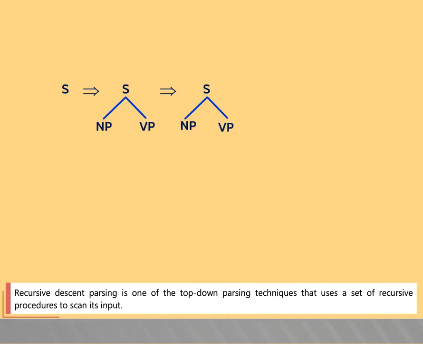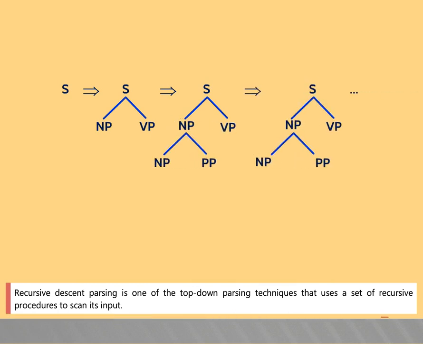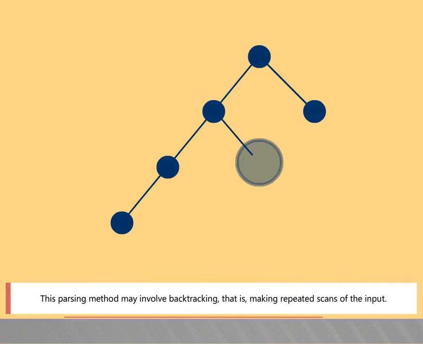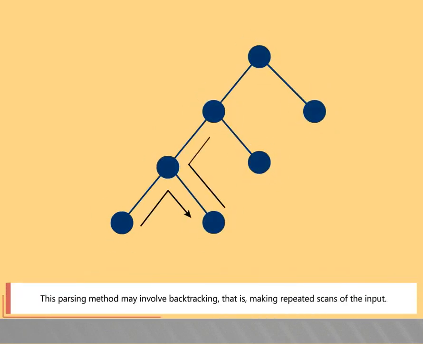Recursive descent parsing is one of the top-down parsing techniques that uses a set of recursive procedures to scan its input. This parsing method may involve backtracking, that is, making repeated scans of the input.